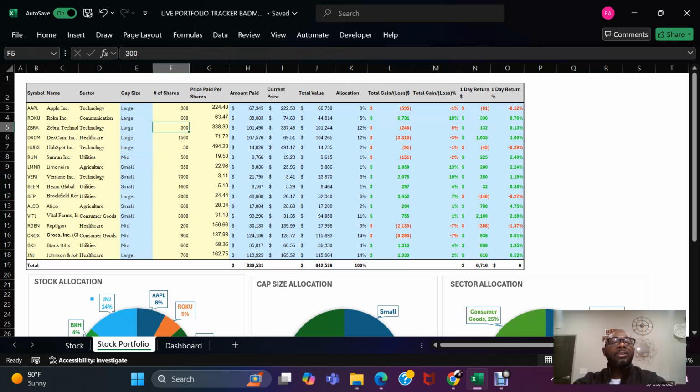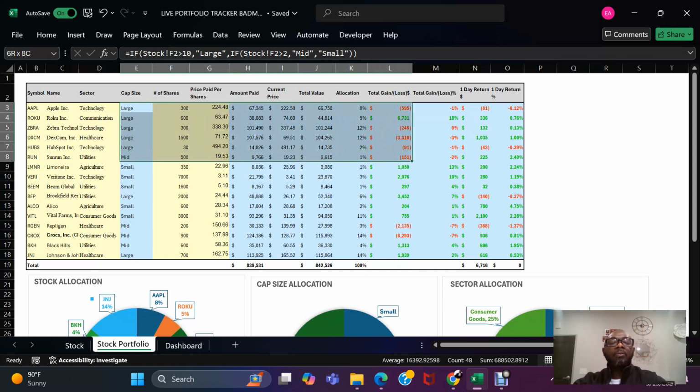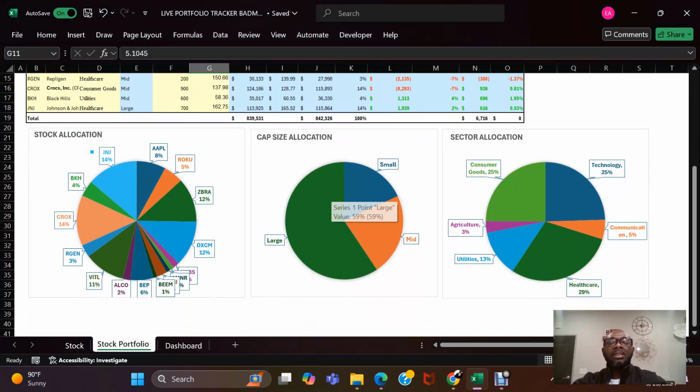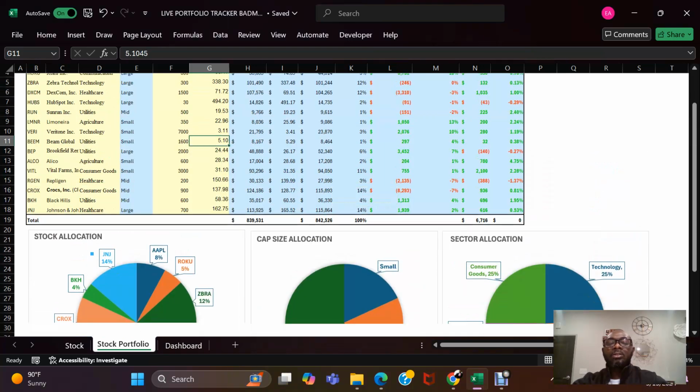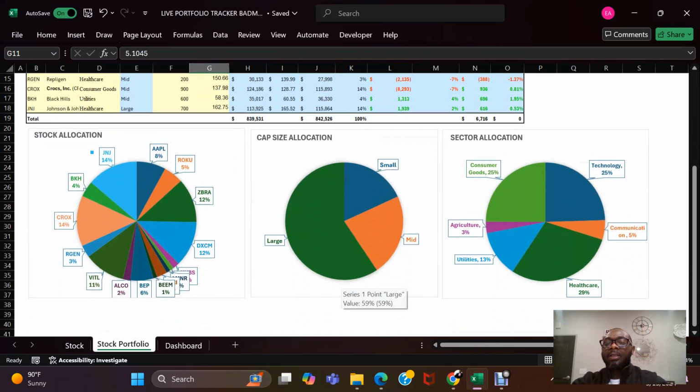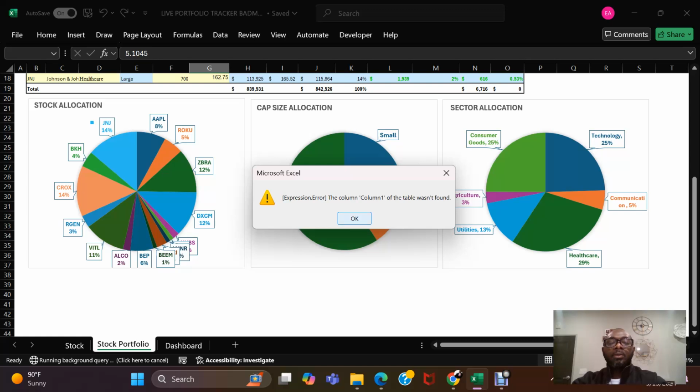We made a loss from those shares, and we have more than 50% of our investment in the large cap size. So we need to rediversify this portfolio, and I believe that's going to help a lot. Thank you.